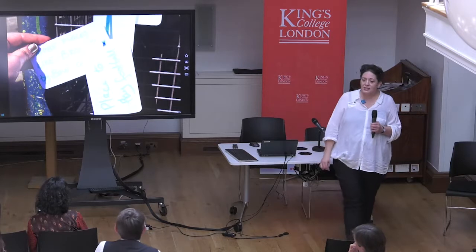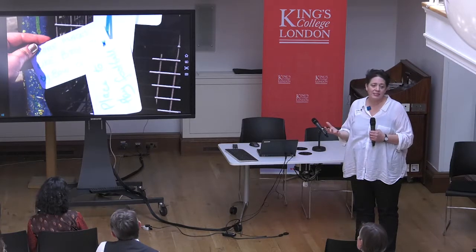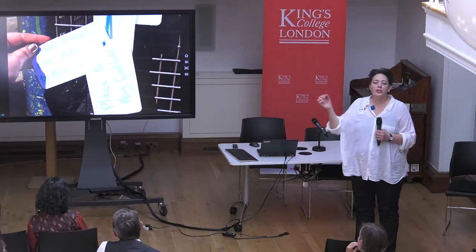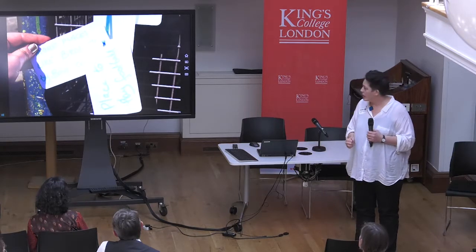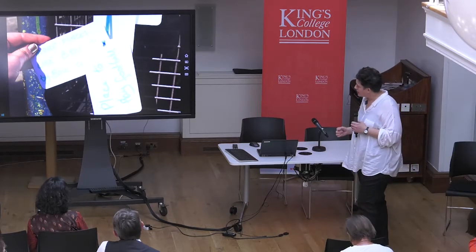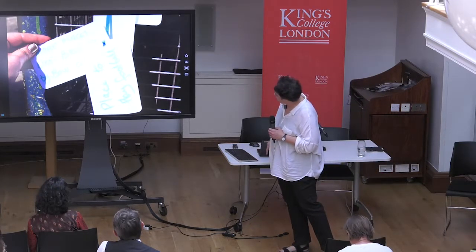We did another exercise. This was in Bow in East London. We asked them to imagine their utopian place and to write down one word to describe the place they wanted to live in. And really interestingly, here we've got some quite physical things, a place to play football, more places like the Bromley by Bow Centre.